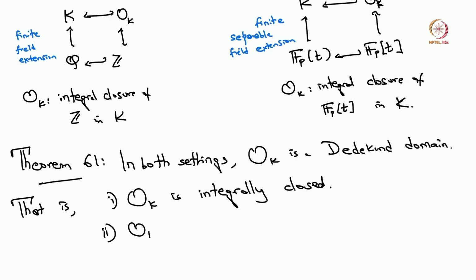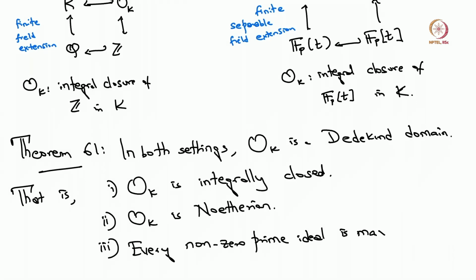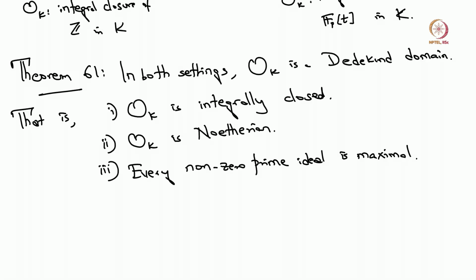O_K is a Noetherian ring. And if you take any non-zero prime ideal, that's maximal. Okay, so we need to show that O_K has these three properties.